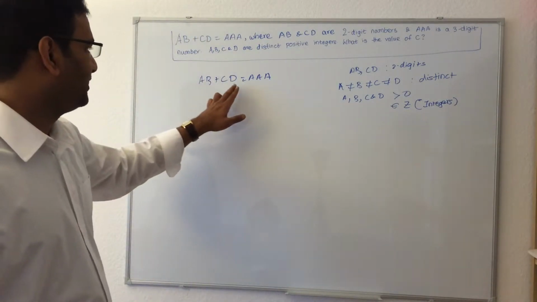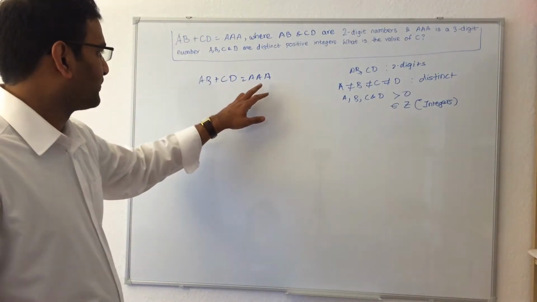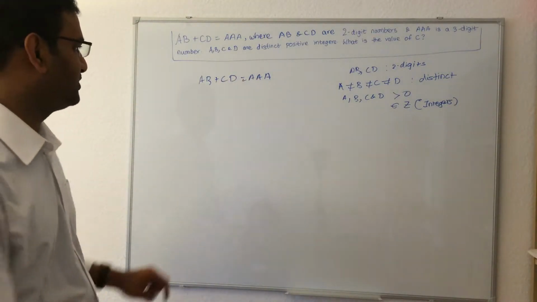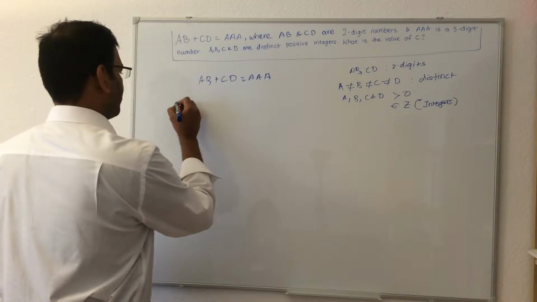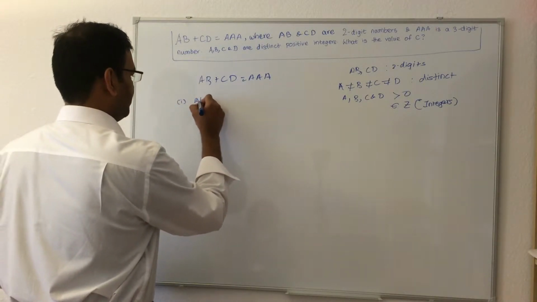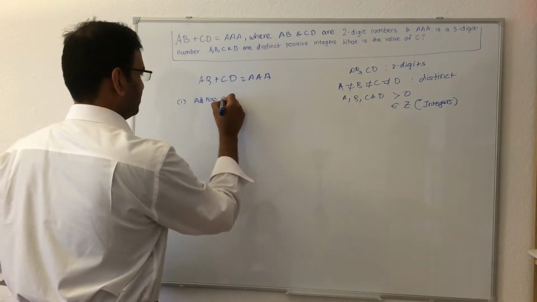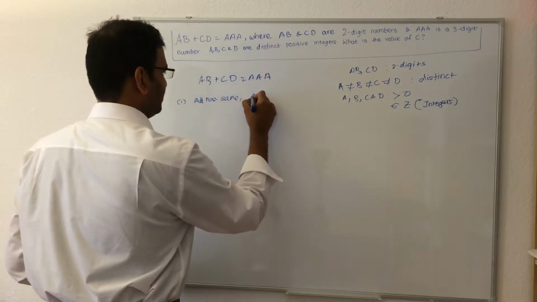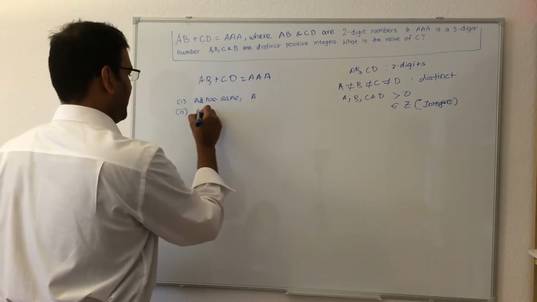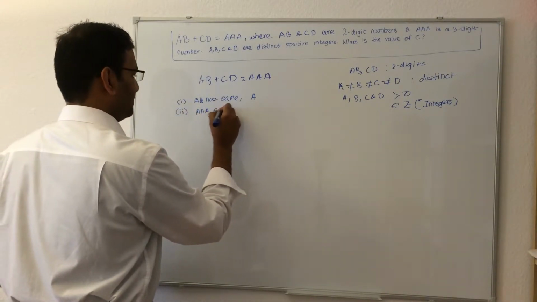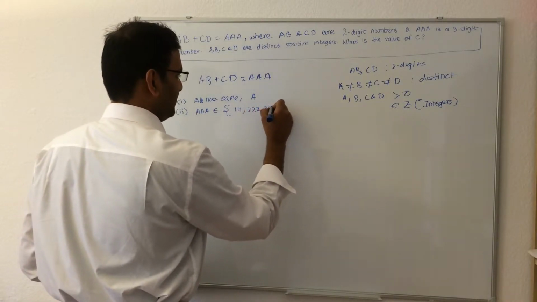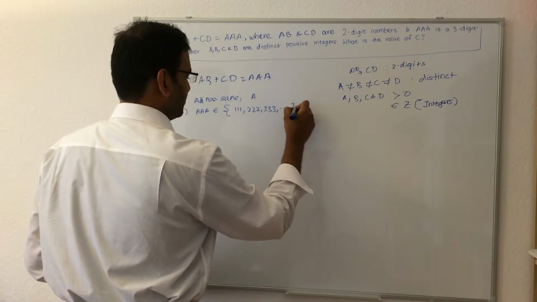So AB plus CD is AAA. Let us look at the right hand side of the equation, AAA. We have two observations here. The first observation is that all the digits are the same, namely A. The second observation is AAA could take any of the values 111, 222, 333 and so on and so forth.